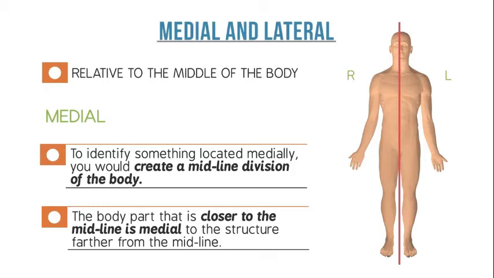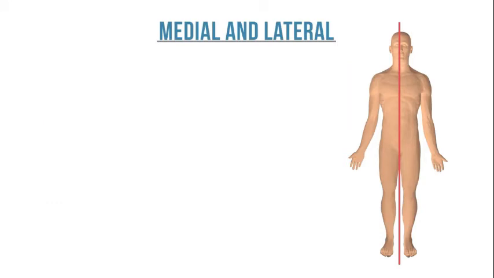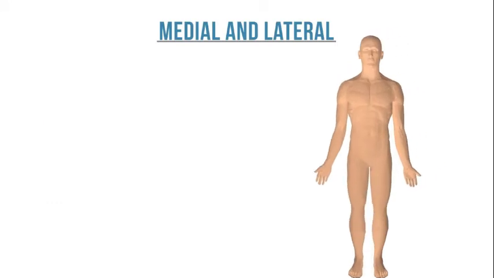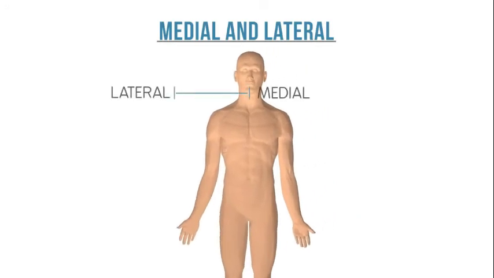The structure that is further away from the midline is referred to as lateral. Describing these structures largely depends on the side you are describing. Here is an example: the bicep muscle in the upper arm is lateral to the pectoral muscle in the chest. Further, in anatomical position, we could say that the pinky finger is medial to the thumb.